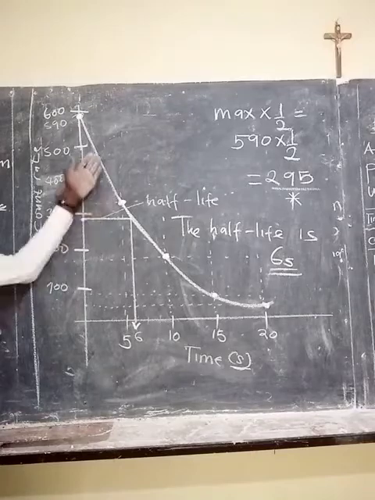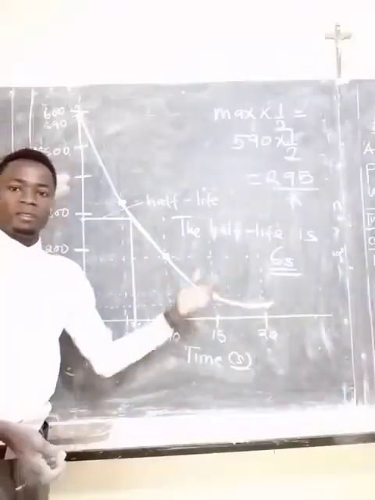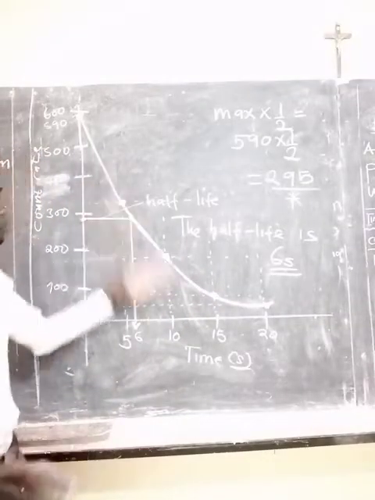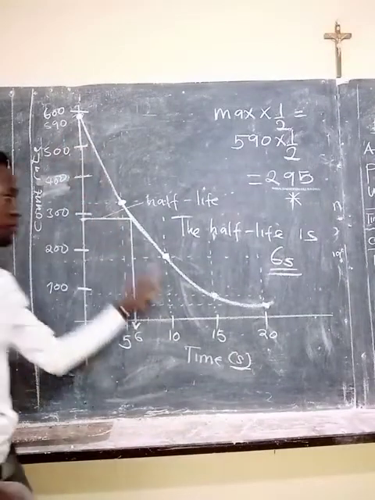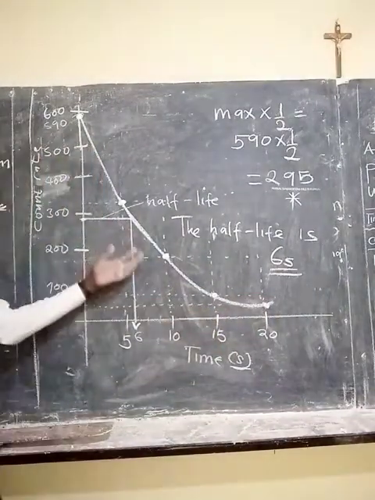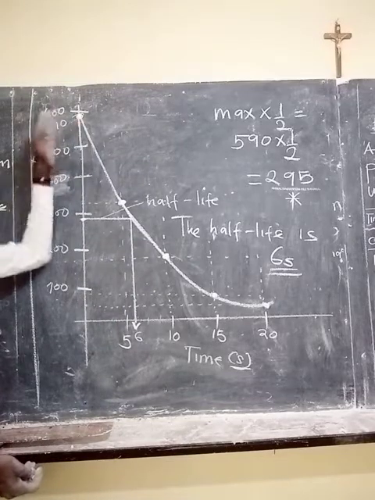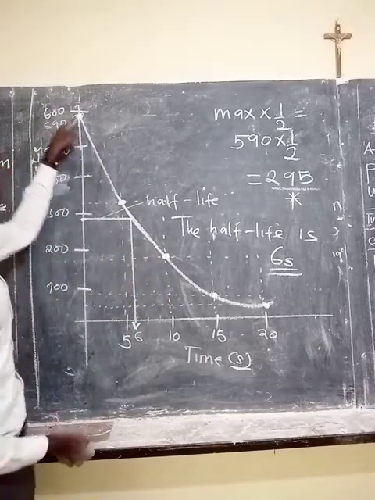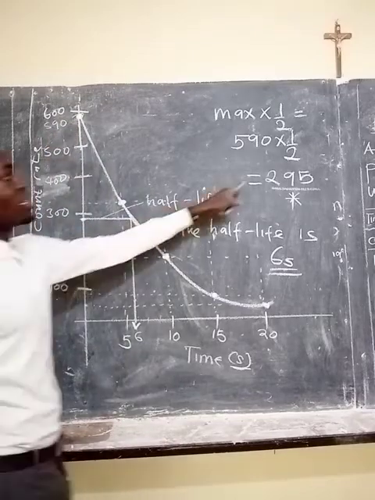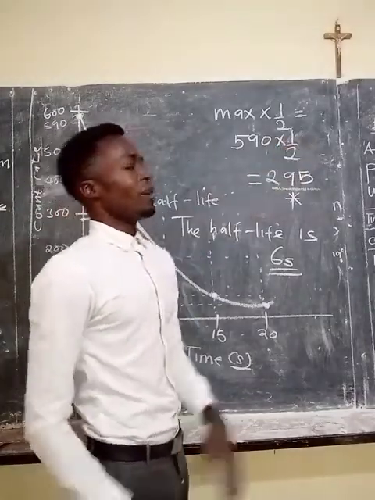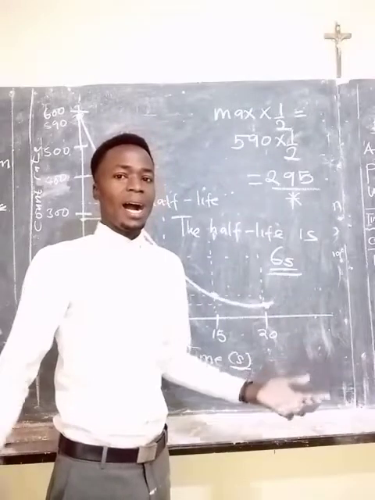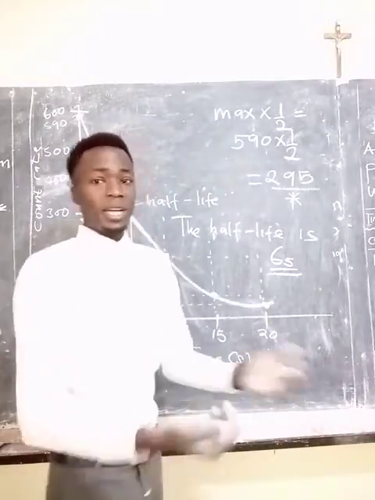First, you're supposed to plot the given values. Once you plot, then you draw a curve like that. After you draw the curve, you always get the maximum, or the original count rate or the original mass. Then you divide it by 2 or multiply it by half, since you are saying it's half of that radioactive sample.